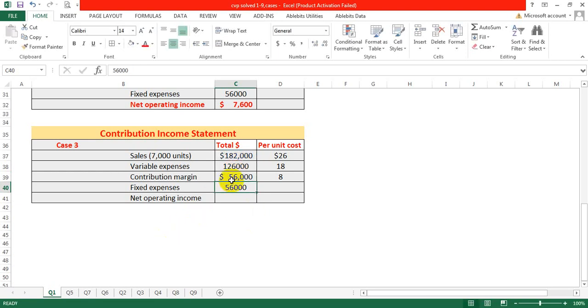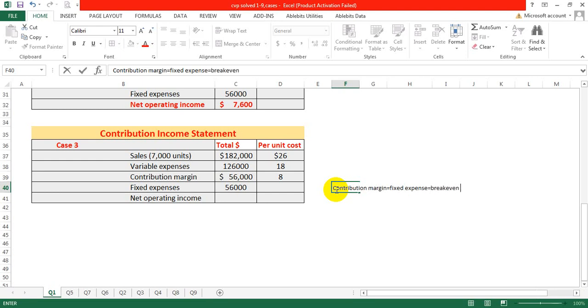That is my contribution, and contribution is equal to my fixed expense. What I told you before in my theory lecture, the contribution margin is equal to fixed expense. This is the point, we can say, that is the break-even point, right?